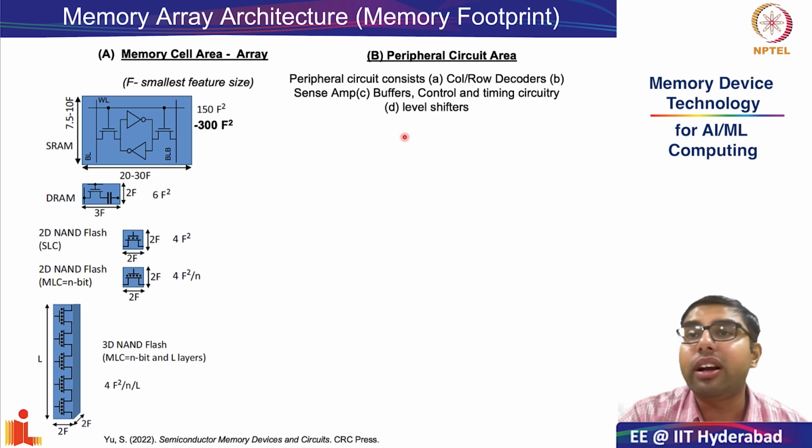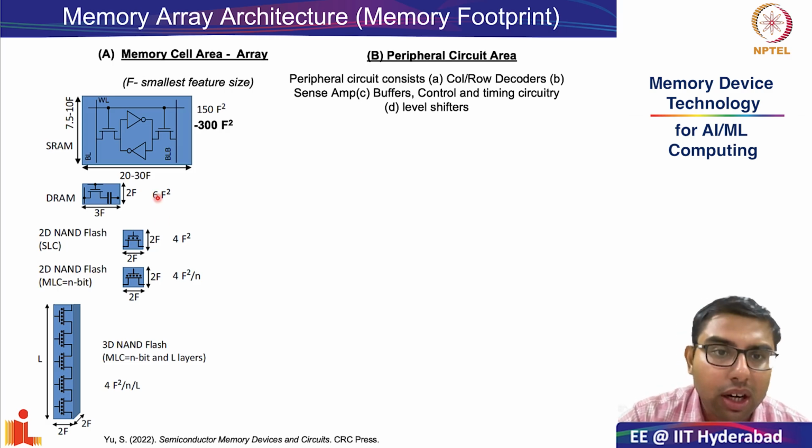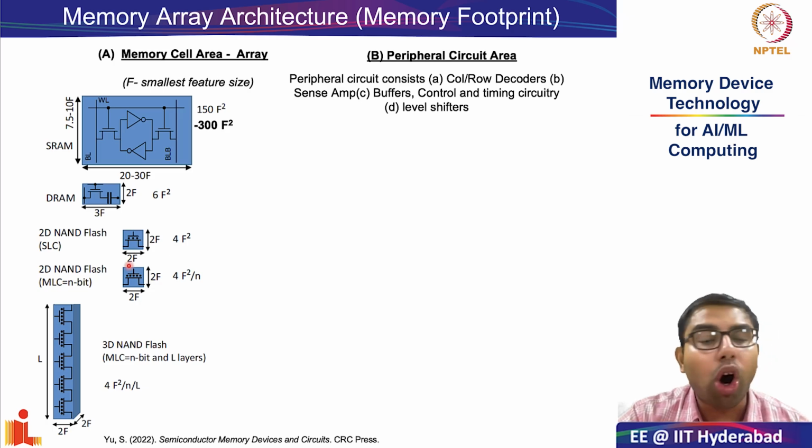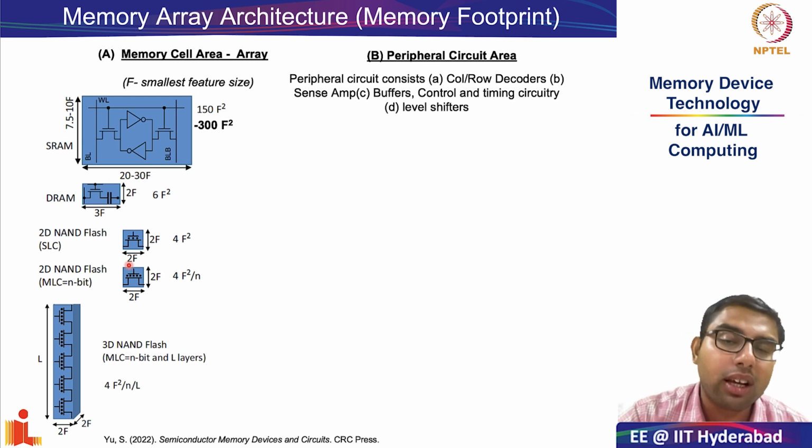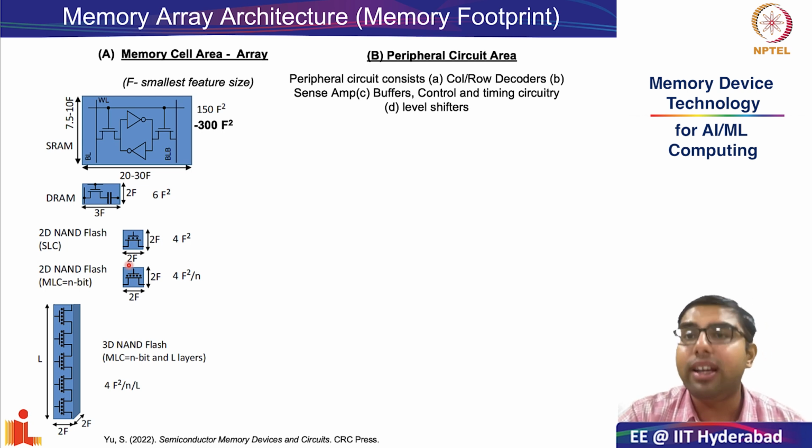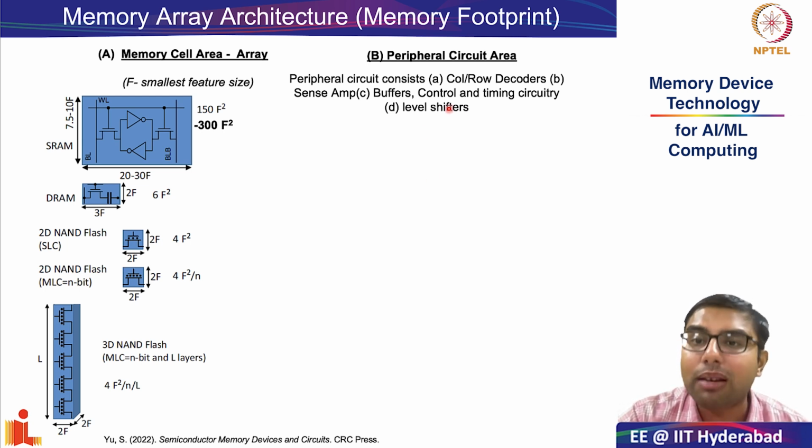The peripheral circuitry in a NAND flash generally works in the digital domain from 0 to 5 volts or 0 to 1 volt. However, for the NAND flash to operate successfully, the voltage that we apply at the gate is in the range of 0 to 20 volts. So you need level shifters to do this changeover from 0 to 5 volts to 0 to 20 volts.